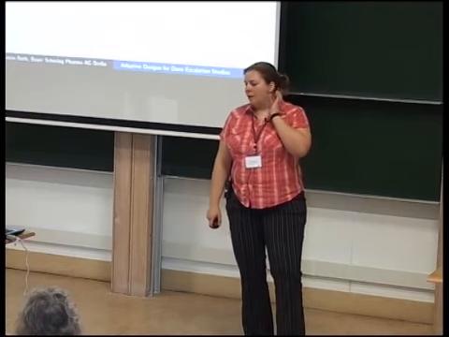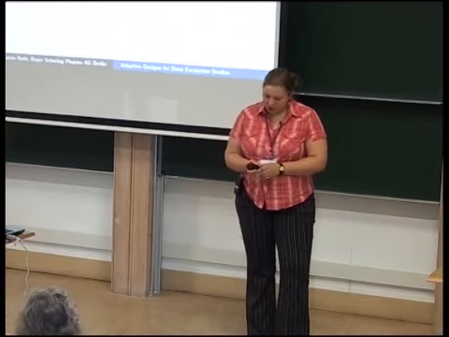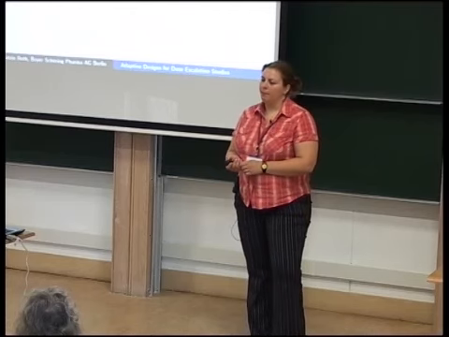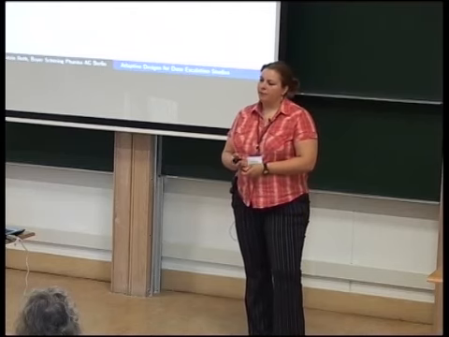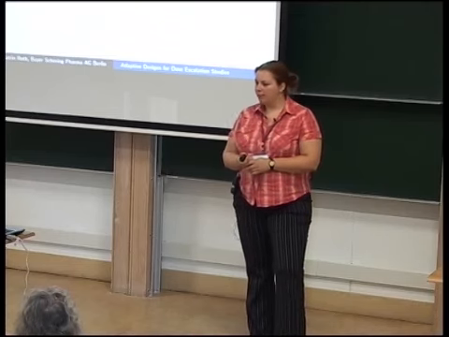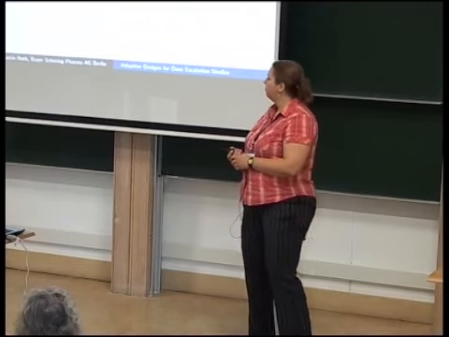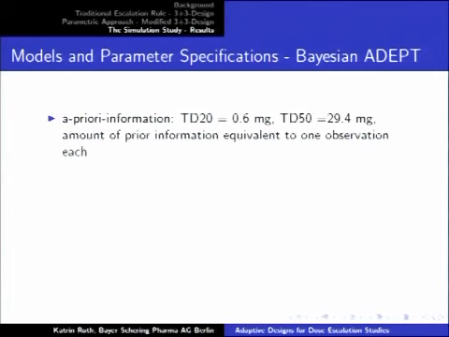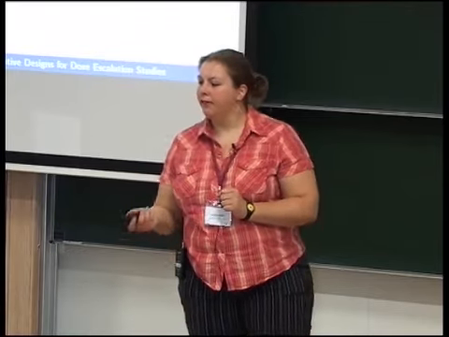As I mentioned before, I compared it to a Bayesian approach. That's an approach implemented in the software tool BayesAdapt. I haven't really understood how this software works. There's very little documentation, but you need to specify some parameters there as well. And then you have to specify a priori information.